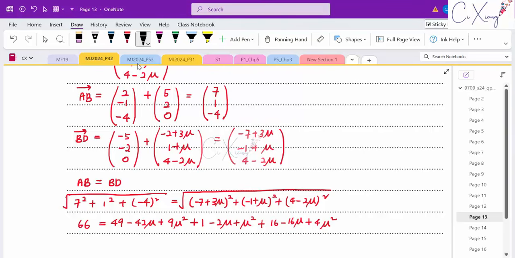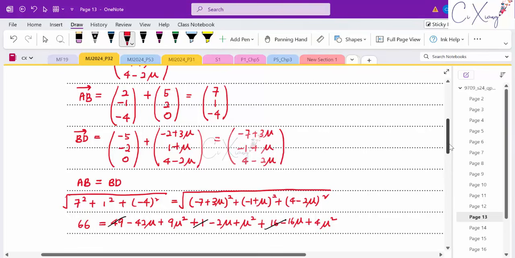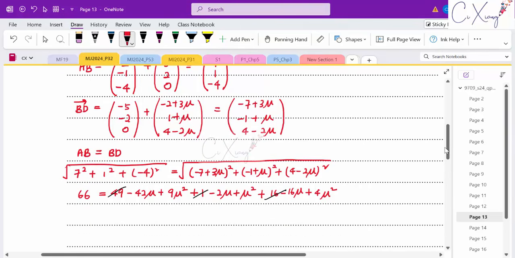Then again, you can have a look and see whether you can simplify all the terms or not. If you simplify everything very carefully, you can see that 66 can be cancelled off with all the constant terms on the right, because the total constant term on the right is also equal to 66. Then simplify all the terms with mu squared: you're having 9 mu squared plus 1 plus 4, which is 14 mu squared.